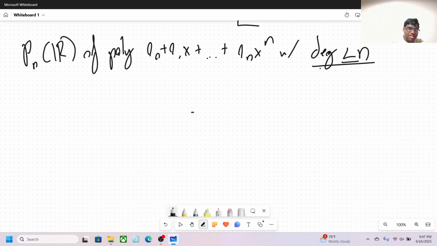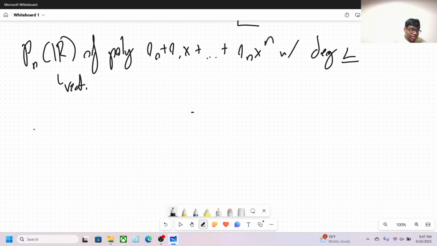And it has to be less than or equal to n, because in order to have closure of the addition, if we have x^n plus negative x^n, for example, we're going to get the 0 polynomial, which is really of degree negative infinity. So we can't just be staying in degree n, we have to be in these degree less than or equal to n situations. And this is going to be itself a vector space, with the natural addition and multiplication.